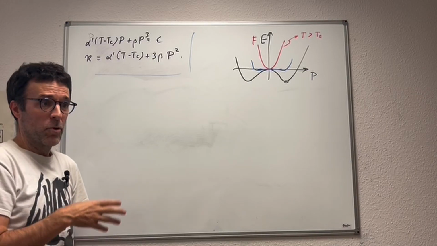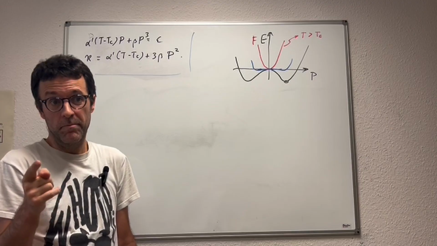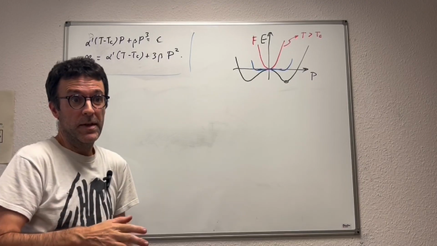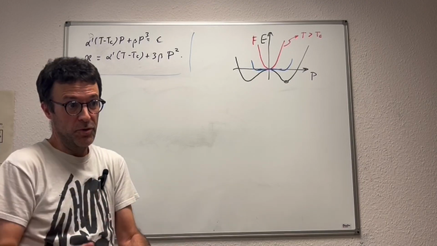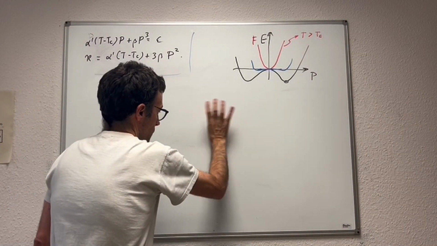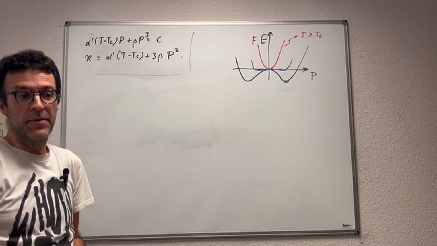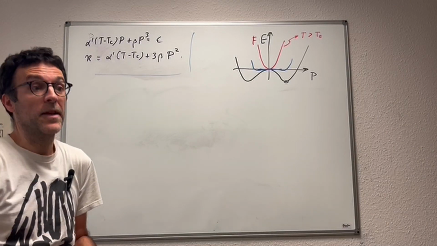There is always a susceptibility, by the way, but ferromagnets and ferroelectrics are special because the conjugate field is very simple. It's just a homogeneous electric field or a homogeneous magnetic field. In other cases of ferroelectric or of structural transitions, the conjugate field may not have a simple physical realization, as in an antiferromagnet.